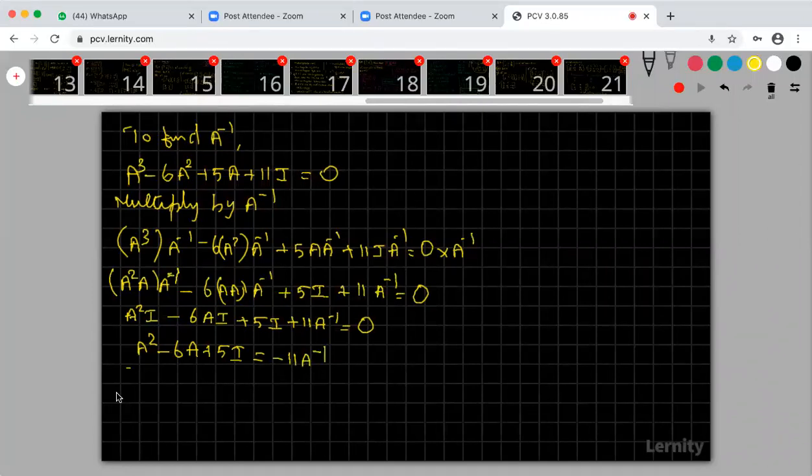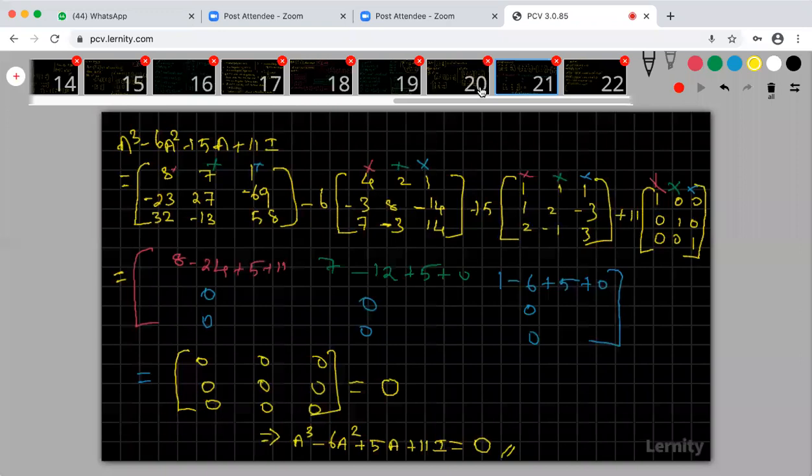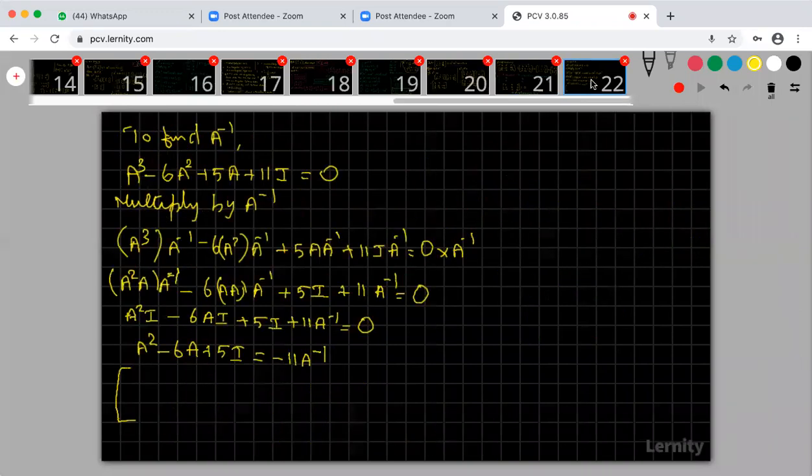Right. Now apply A square. What is our A square? We have already discussed our A square. So our A square is this 4, 1, minus 3, 8, 14, 7, minus 3, 14.